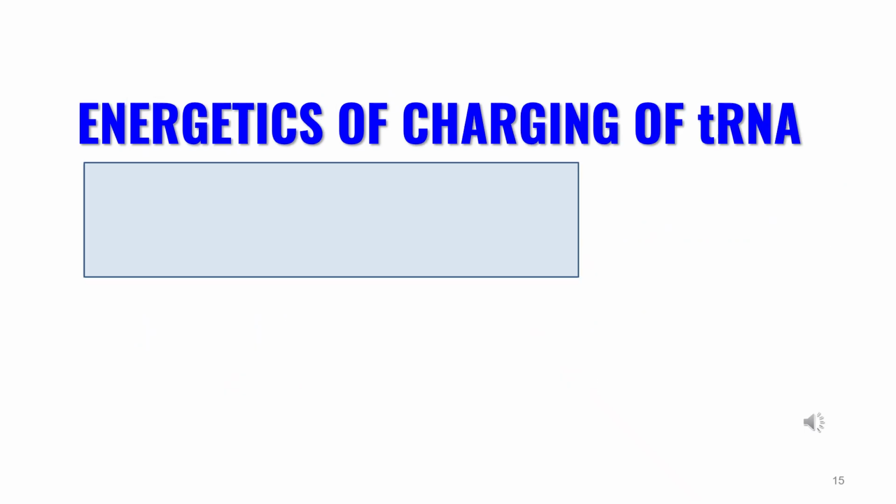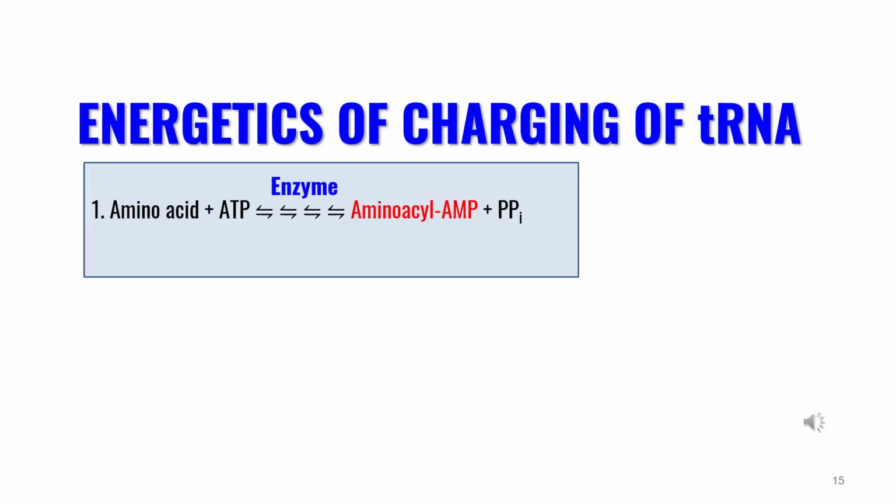The charging of tRNA is an energy dependent process, and therefore you should know the energetics of the reaction. It occurs in two steps. In step 1, amino acid plus ATP are converted into aminoacyl AMP, which is a high energy intermediate, plus pyrophosphate, which is ultimately converted into 2 inorganic phosphate, thus driving the reaction in a forward direction.